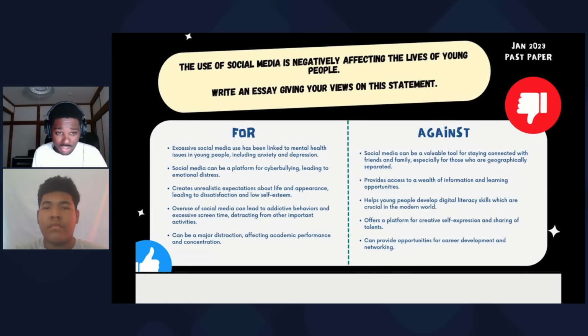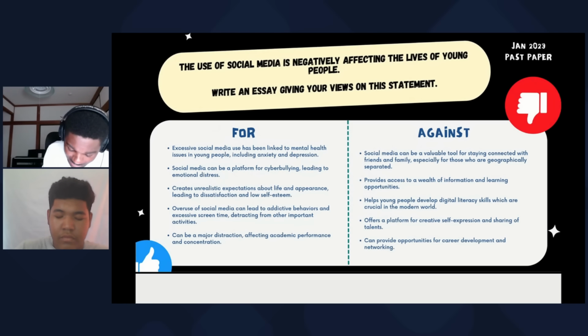And now you're able to do a little bit of brainstorming within a few minutes, jot down the points that come to mind. Here are some examples of points. For, so points that would support the idea that social media is negatively affecting the lives of young people. Excessive social media use has been linked to mental health issues, right?